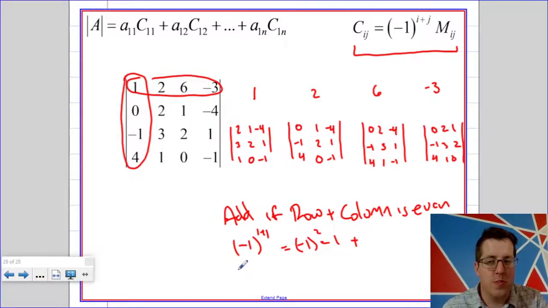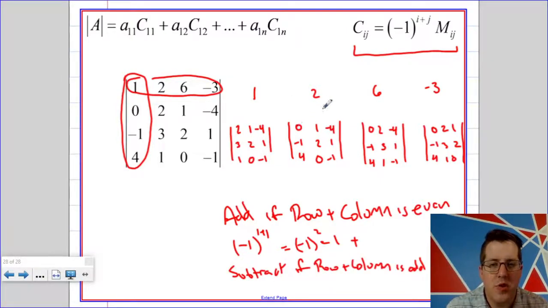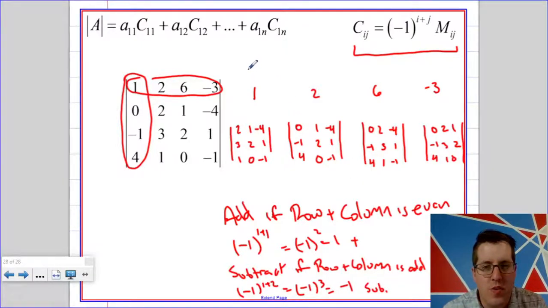We're then going to subtract if row plus column is odd. So for the example of the 2 here, it's in the first row but the second column. So -1 to the 1 plus 2 is -1 to the third, which is -1. So we're going to subtract. So we're going to add this, subtract, add, and subtract.